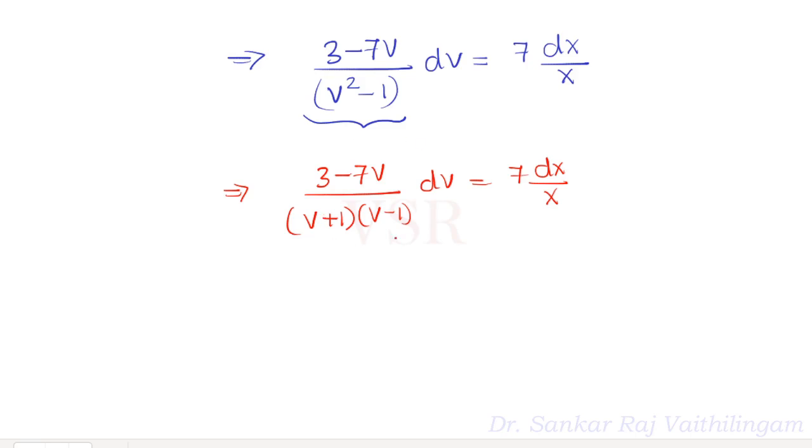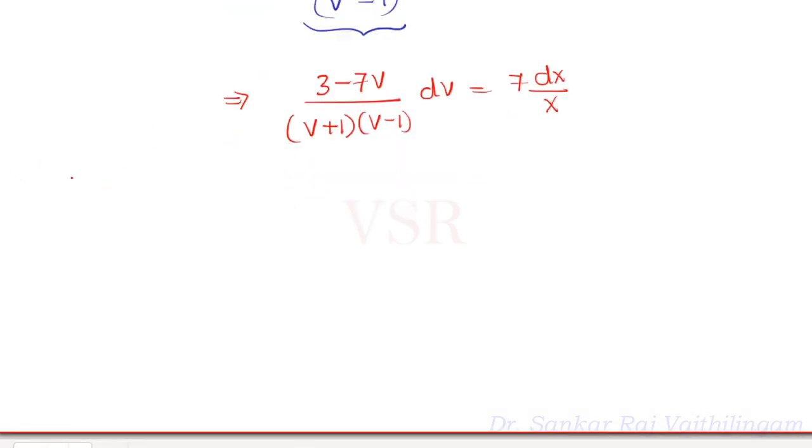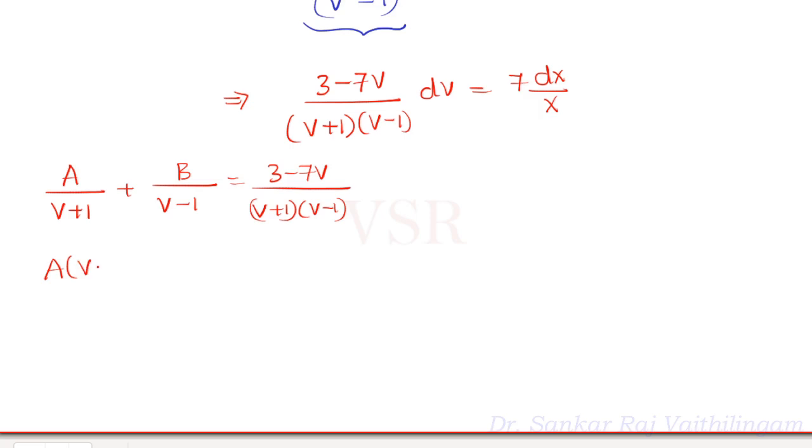Let's see how. Put A divided by v plus 1 plus B divided by v minus 1 equal to 3 minus 7v divided by v plus 1 into v minus 1. Taking the LCM, A into v minus 1 plus B into v plus 1 is equal to 3 minus 7v.